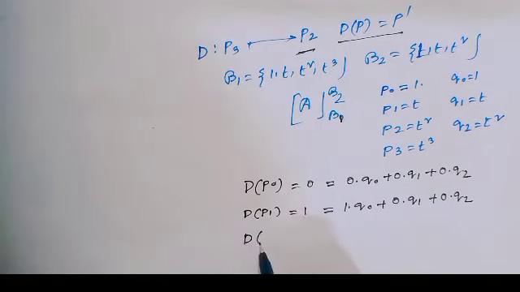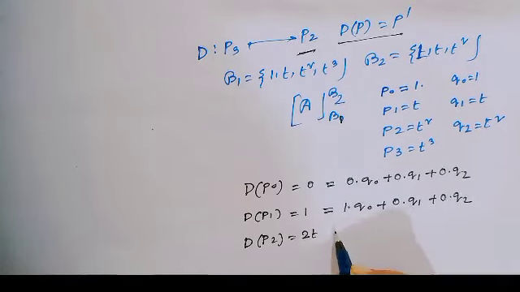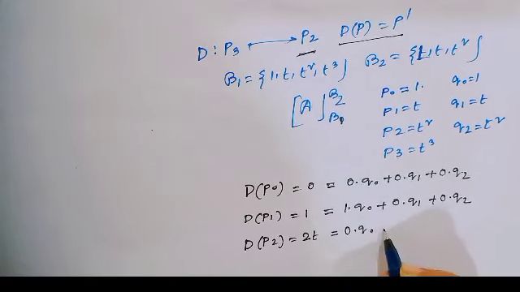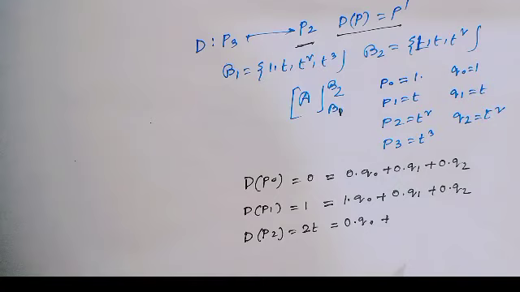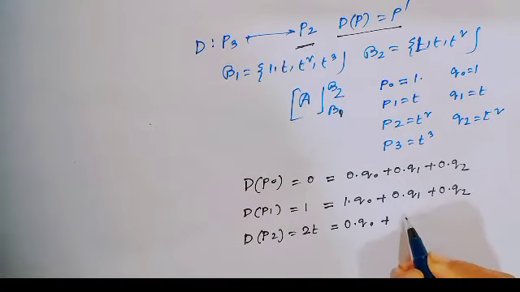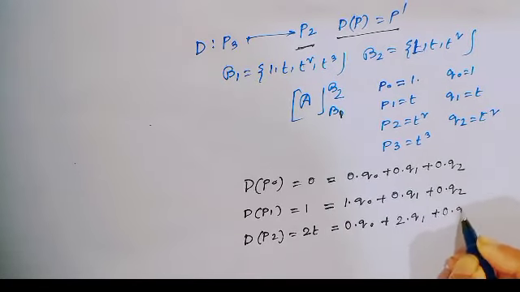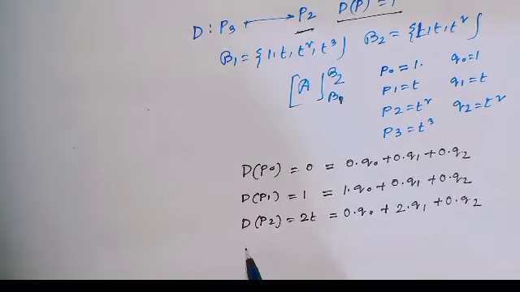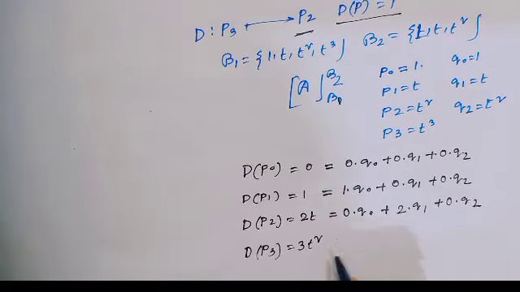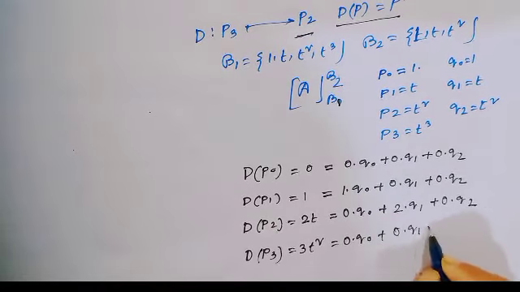And dP2 would be 2t, which we can write as 0 times Q0 plus 2 times Q1 plus 0 times Q2. And dP3 would be 3t square, which we can write as 0 times Q0 plus 0 times Q1 plus 3 times Q2.